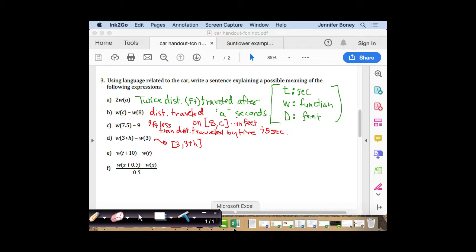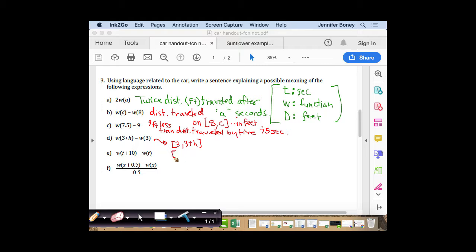How long is this interval? This is an interval that starts at 3 and goes forward in time how far? h seconds. So it's an interval of time that's h seconds long, starting at time 3. You could rephrase it that way.